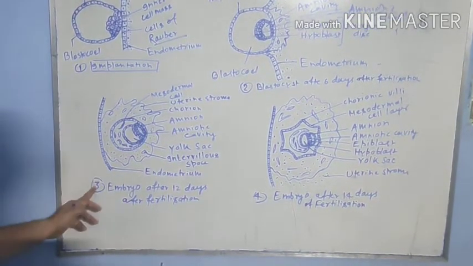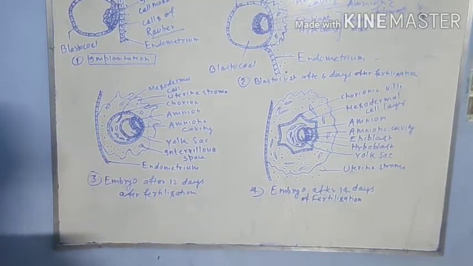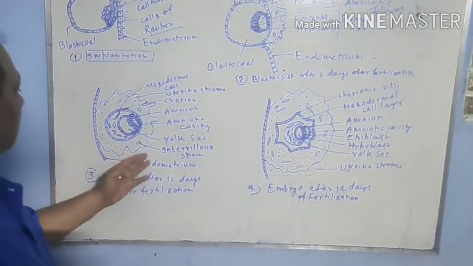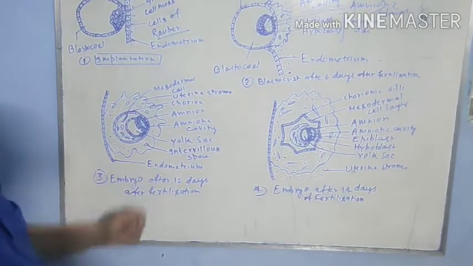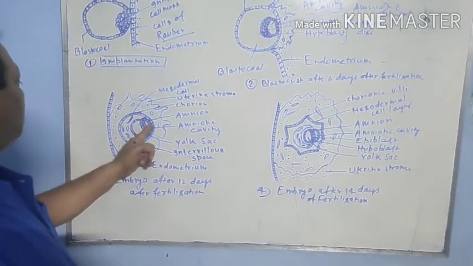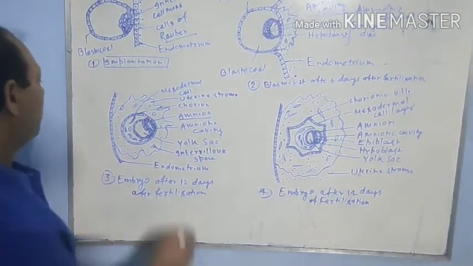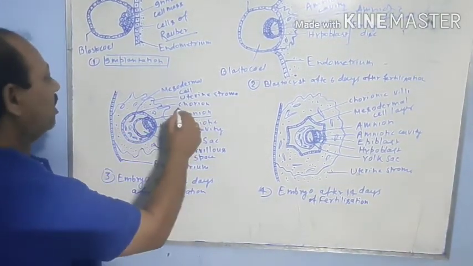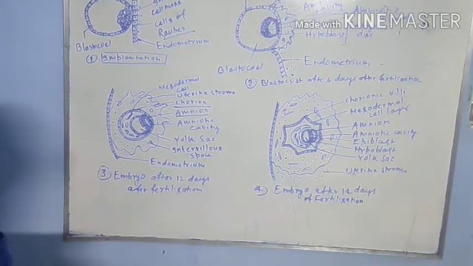This is the uterine wall, this is the endometrium. These are intervillous spaces. This is the yolk sac. This is the amniotic cavity. This membrane is known as the amnion, and this layer is known as the chorion, which is formed by the trophoblast.